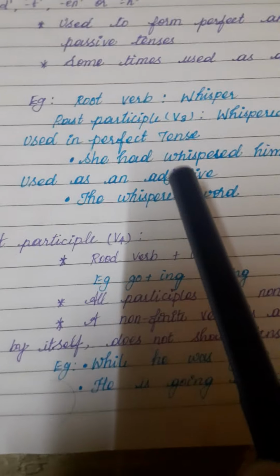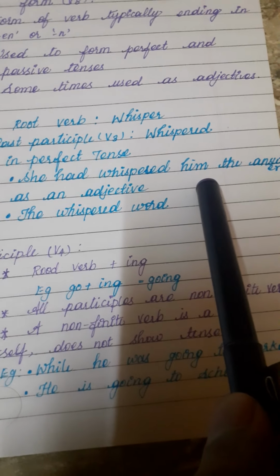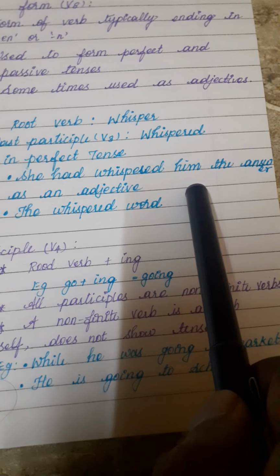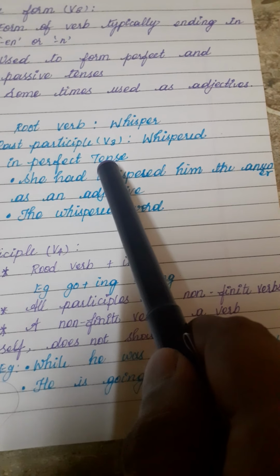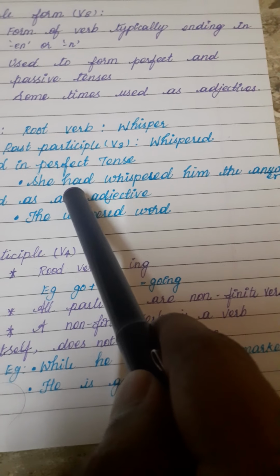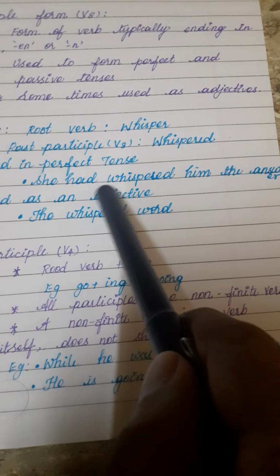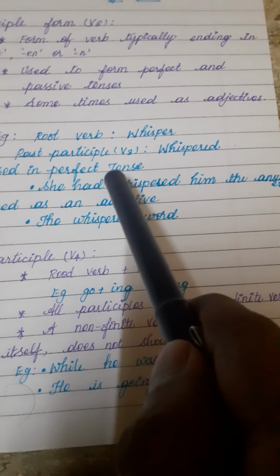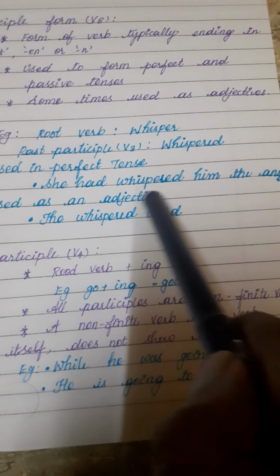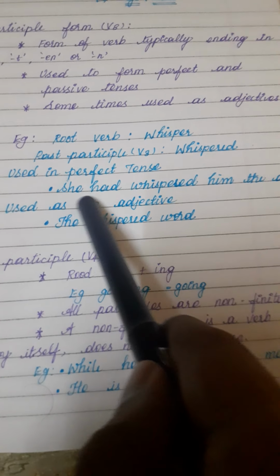Whereas, let us come to this example. She had whispered him the answer. Here, what is the verb? Whispered. But that is not correct. You should say that had whispered is the verb. Because with whispered alone, you cannot judge the tense of the sentence, because simply by seeing whispered you might say it is in past tense, but you have a supporting verb here.